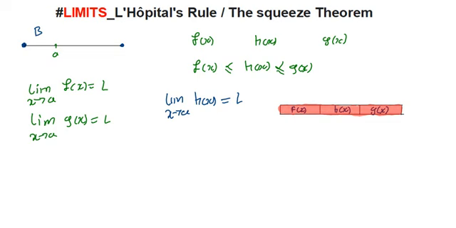So now if f of x is red, or whatever that color is, and g of x is also that color, I'll call it red for now, that means the entire bar is red. What you have on this side is red, and what you have on this side is red, and we know the entire bar is red, meaning even what you have in the middle is also red. That's what the squeeze theorem is all about.